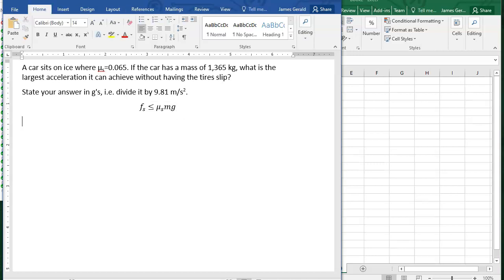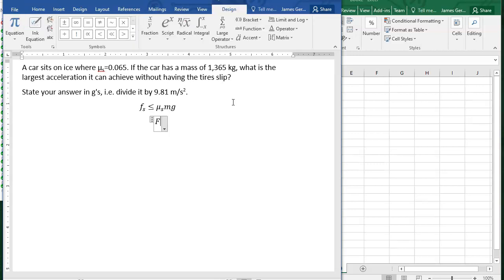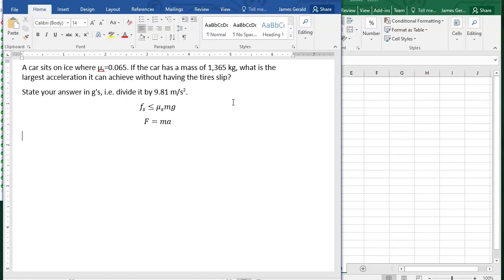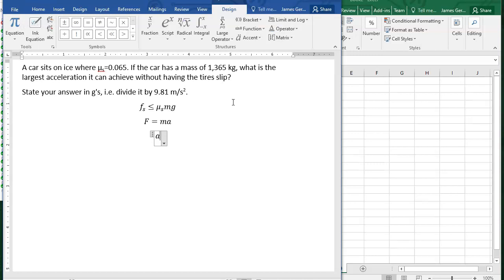Well, we're asked, what's the maximum acceleration? Well, what's acceleration? Acceleration comes from Newton's second law, F equals ma, right? So acceleration is just force over m. What's the force in this case? The force in this case is static friction. So what's the largest static friction can be?